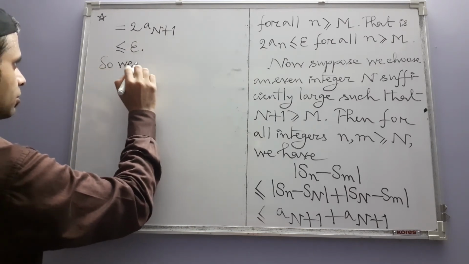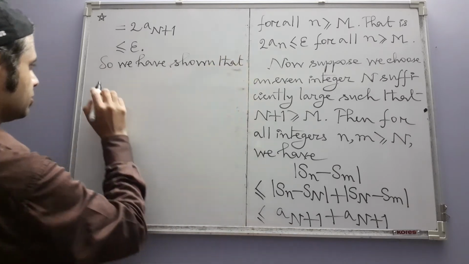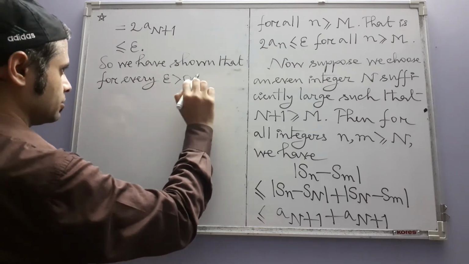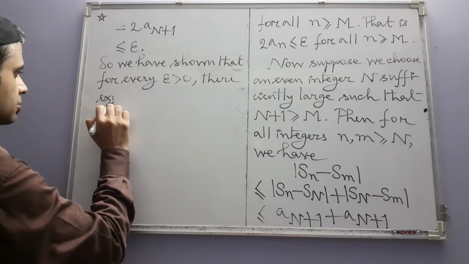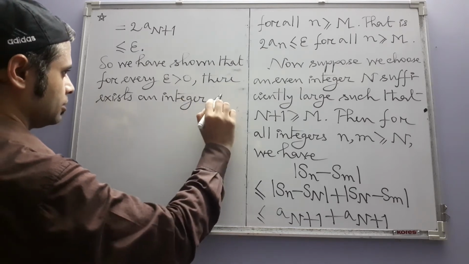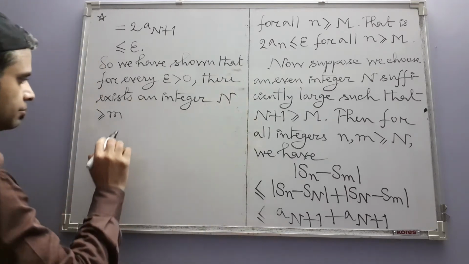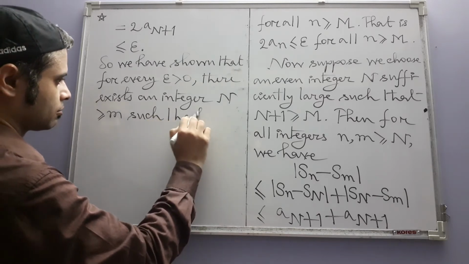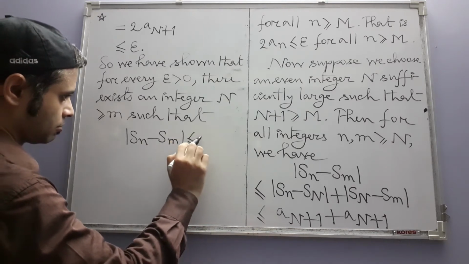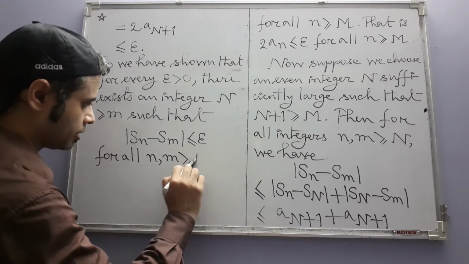So we have shown that for every epsilon greater than 0, there exists an integer n greater than or equal to m such that this holds for all n and m greater than or equal to n.